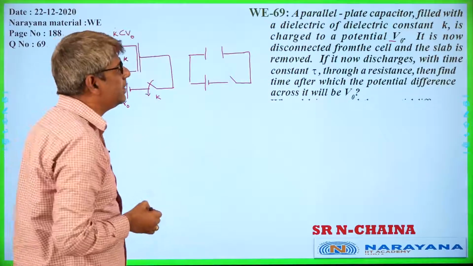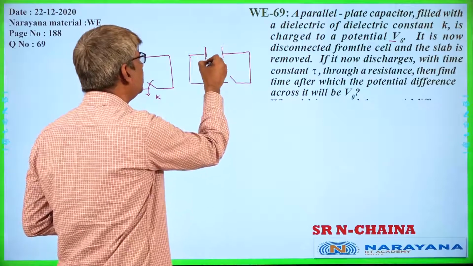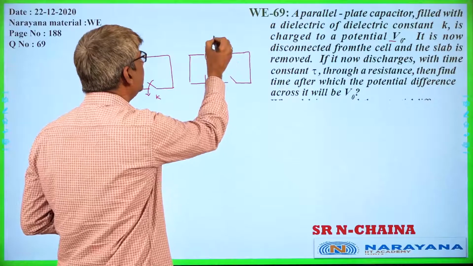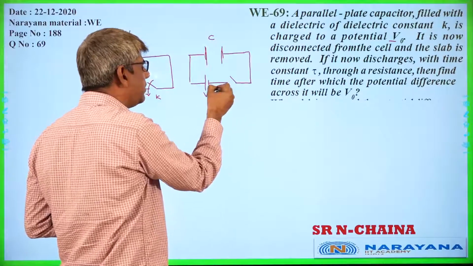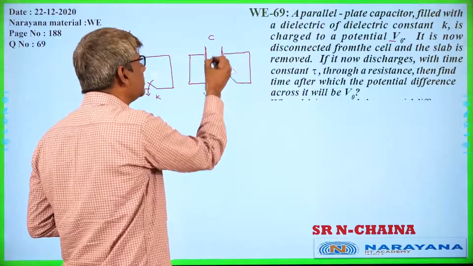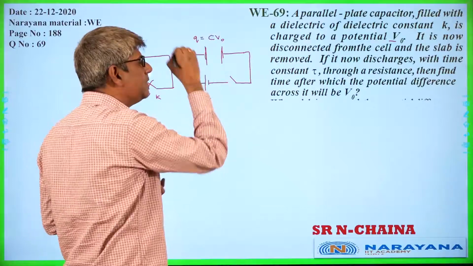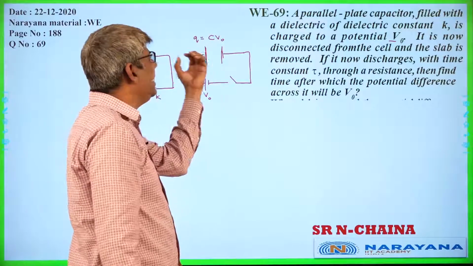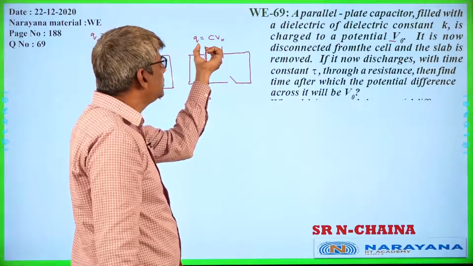Disconnected from the cell, and the slab is removed, the dielectric is removed, so here it is only C. But whenever it is disconnected from the battery, the same voltage remains, meaning a new charge is present. Because of the leakage of the charge, the maximum charge decreases to the new charge.